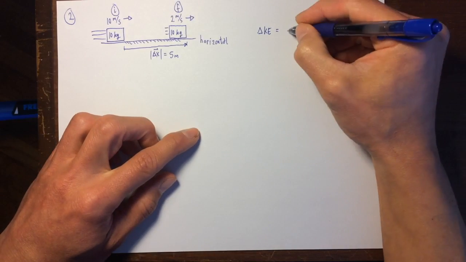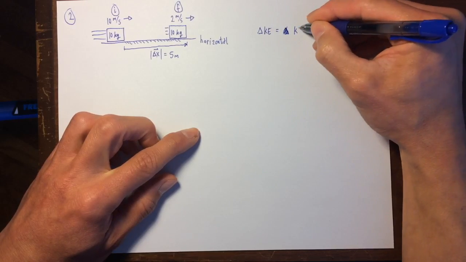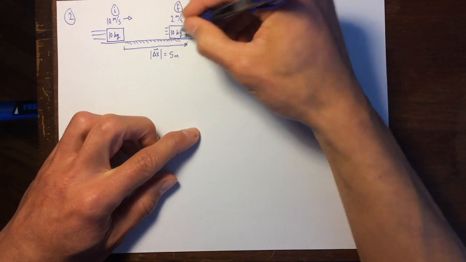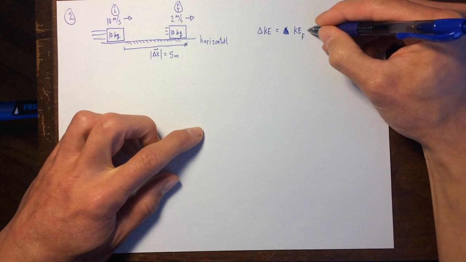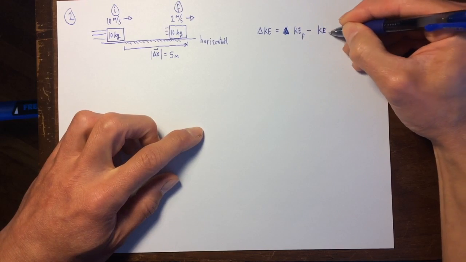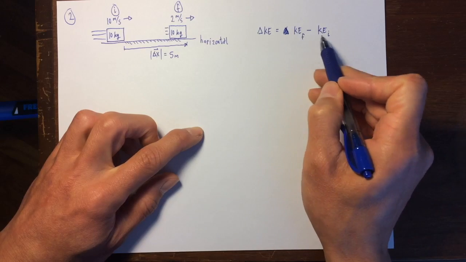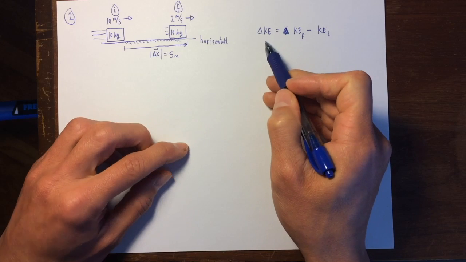the kinetic energy. And it's interesting that this would be the kinetic energy at the final interesting time, or data, or time that you have data for, minus the initial. Whenever you do delta, you take the final value and you subtract the initial value, right? That's what delta always means.